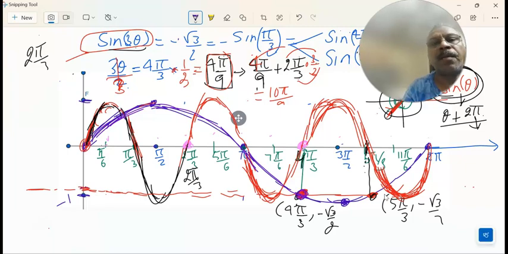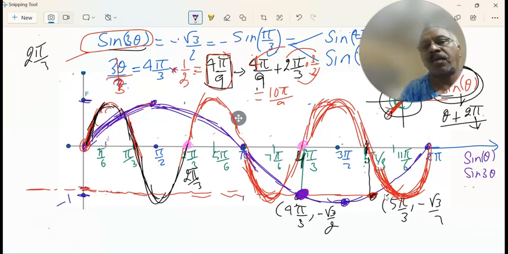Now this point shrinks by a scale factor. Remember, when you have sine theta, that's what this point is. But now it is sine 3 theta. Basically, what's going on is this x value gets shrunk. Now, this basically means it is sine of theta over 1/3.